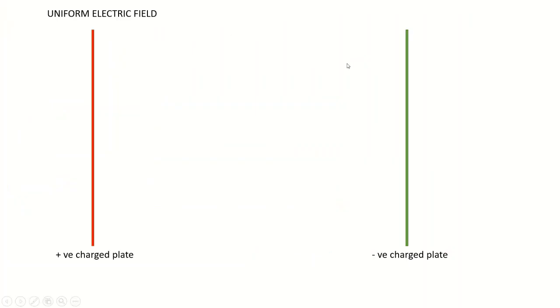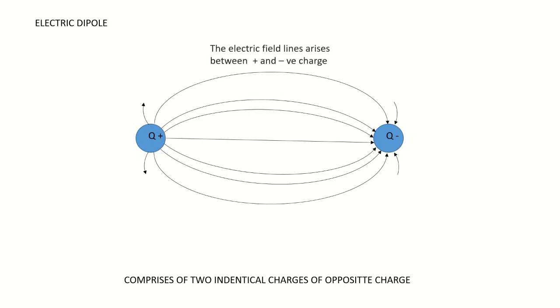Before studying the system of the electric dipole, we are going to study the uniform electric field. So what is a uniform electric field, and how can we create one? First of all, as we have seen in the earlier case of the dipole, the field has a diverging or converging nature.